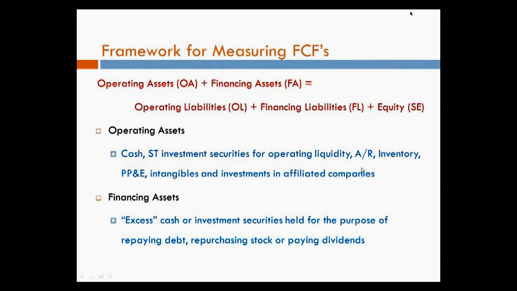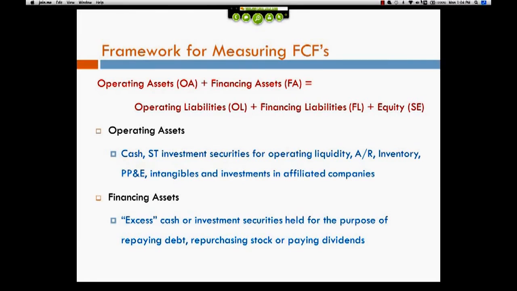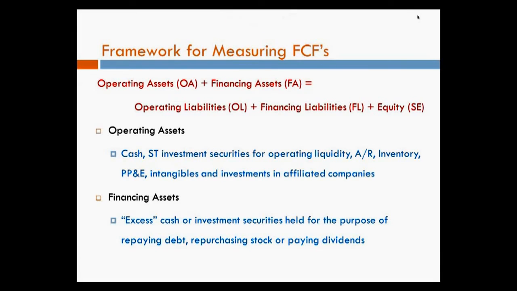Financing assets are any excess cash you don't need day to day, that could be used for a dividend, or investments that you're holding because you're going to use them eventually to repay debt or to convert to cash. So these two together are all of your assets. And as I said, you'll need to use judgment to differentiate between the two.